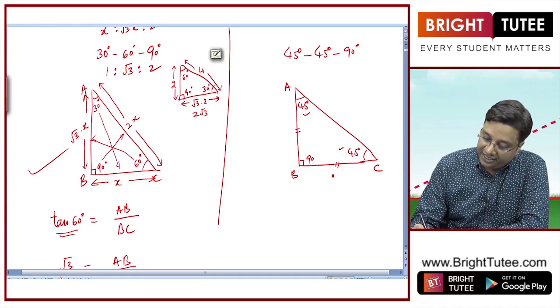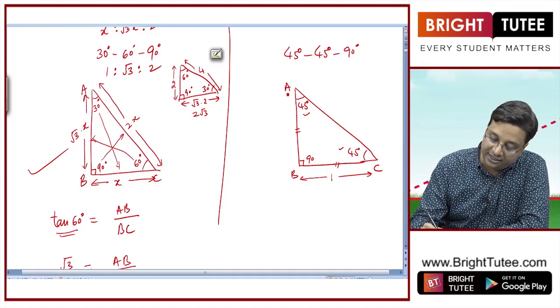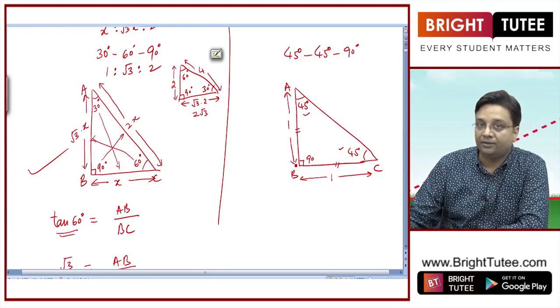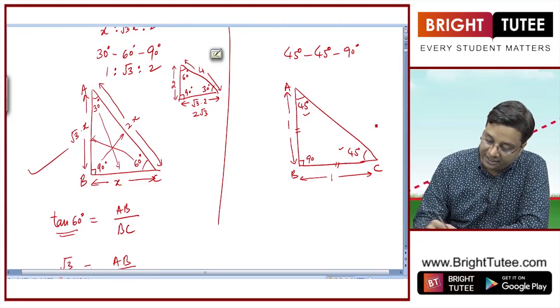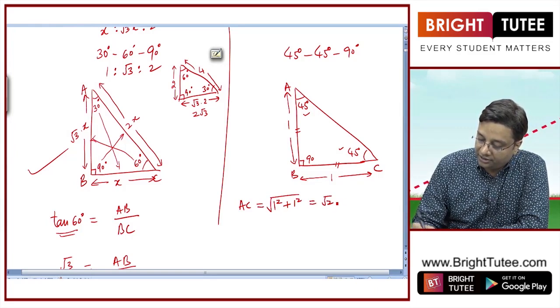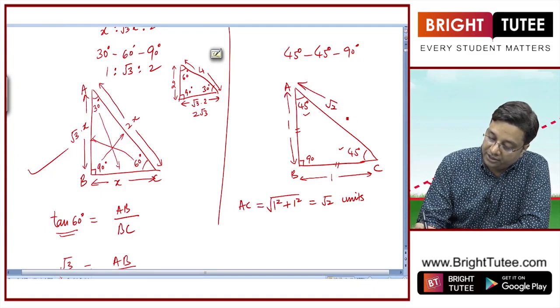If I take side BC as 1 unit, I can say that AB is also 1 unit, and by applying Pythagoras theorem, I can say that side AC is equal to the square root of 1 square plus 1 square, that is root 2 units. So, this side is going to be root 2 units.